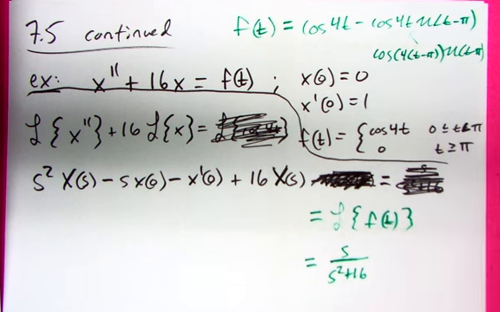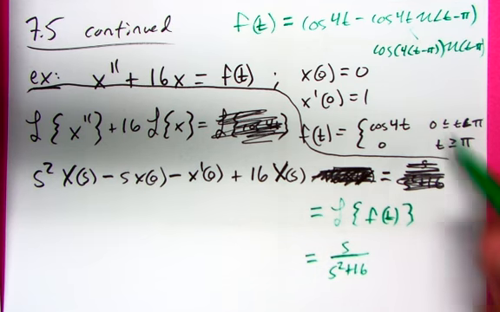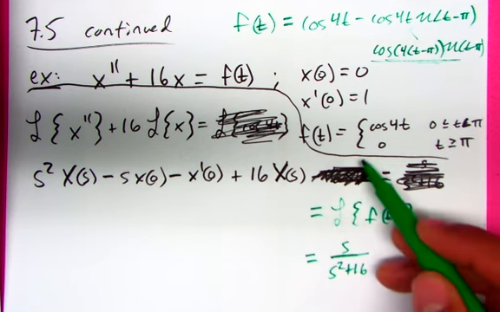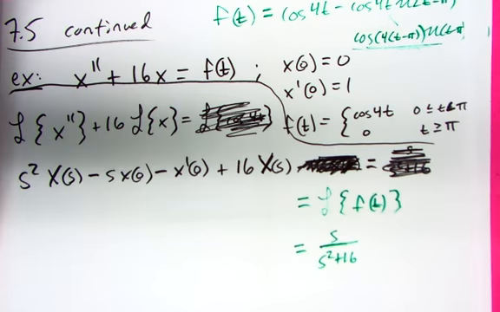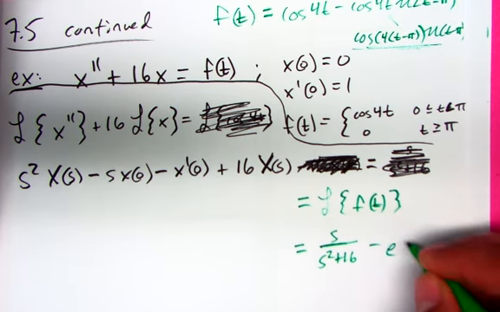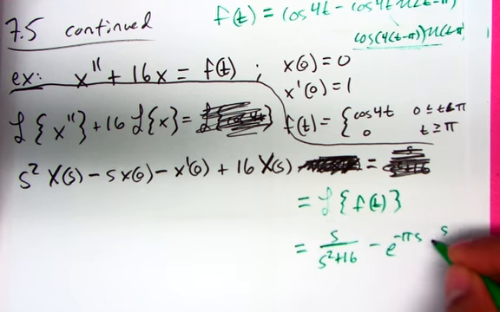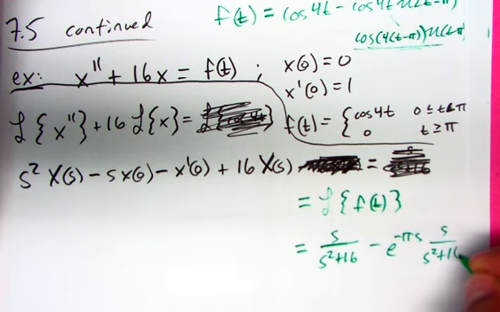Okay, so we have s over s squared plus 16, and now what is the transform of the second part of the step function here? So minus e to the negative pi s, and then s over s squared plus 16.